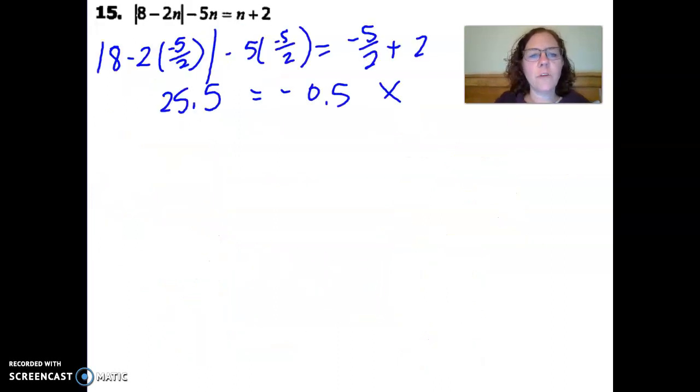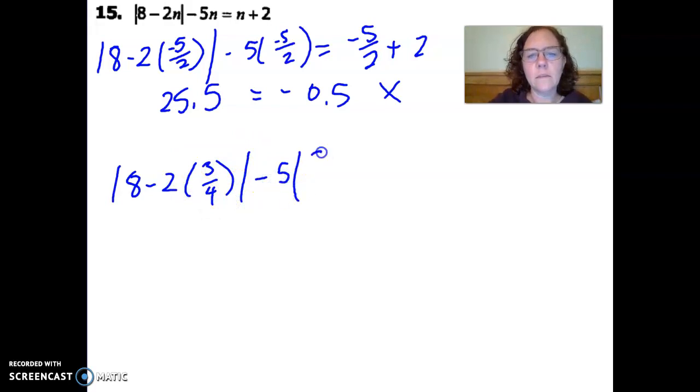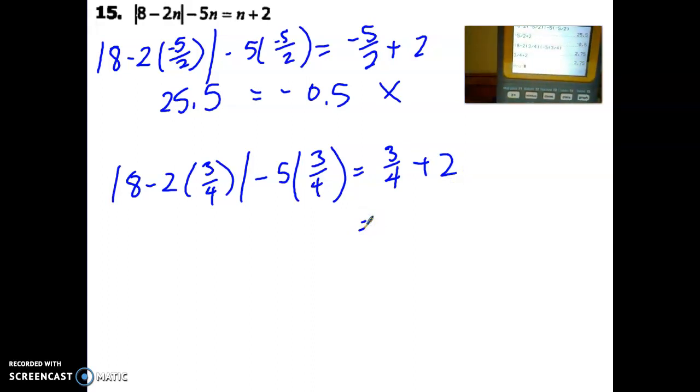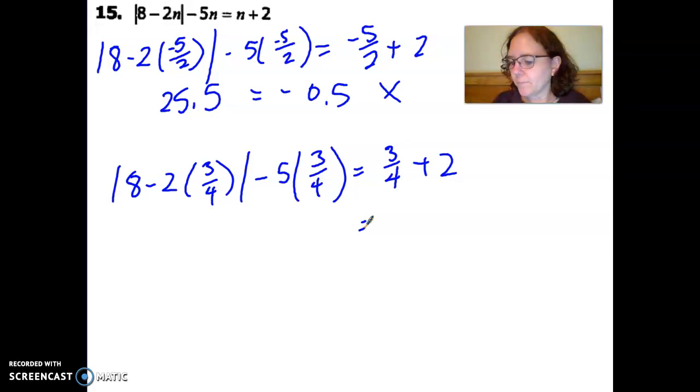All right, let's try 3/4. So again, I'm going to have to put 3/4 for all of my n's. And again, to save time because the video is getting ready to end, I went ahead and typed that into my calculator using the math and then going over to NUM and then choosing ABS for absolute value.